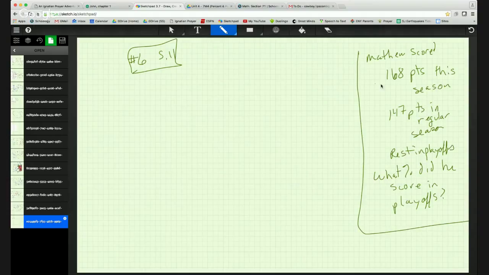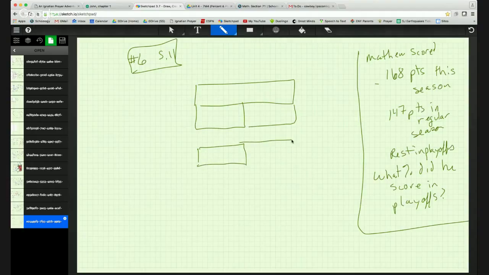So I'd like you to draw your whole and your percents and label them. Okay, so now I want you to fill in. So here's your numbers.